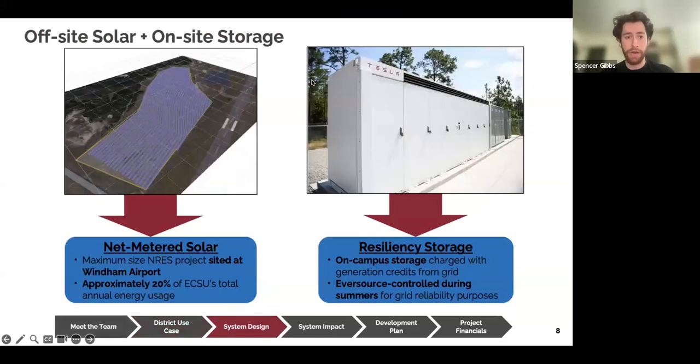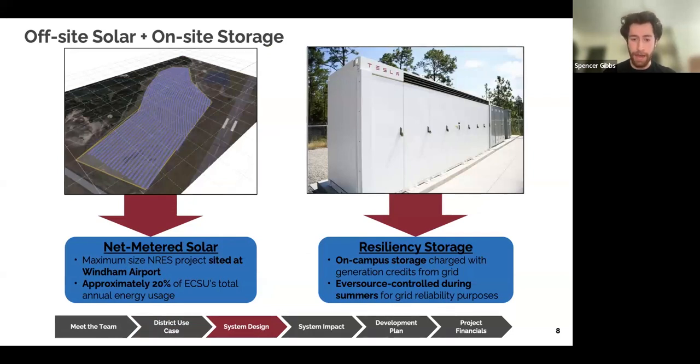Wonderful. So moving on to what our actual project is. We have one single solar installation, which is going to be offsite, as Caroline mentioned, at Wyndham Airport, not super far away from the university. This is going to be the maximum possible size that we are allowed to use under the NRES program. So it's a 5 megawatt AC project that would be able to cover approximately 20% of ECSU's total annual energy usage.